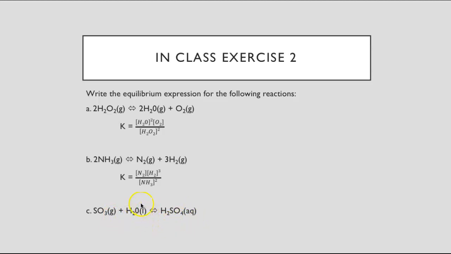So what that means is that water is going to be left out of the equilibrium expression. So the equilibrium expression is going to be the concentration of H2SO4 divided by the concentration of SO3. So again, when something is a pure liquid or solid, you leave it out of the equilibrium expression.